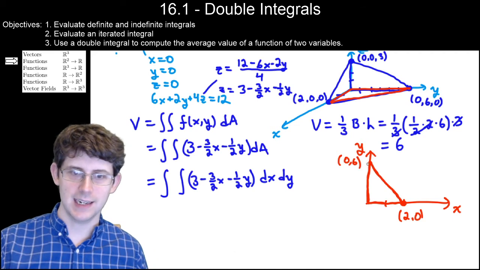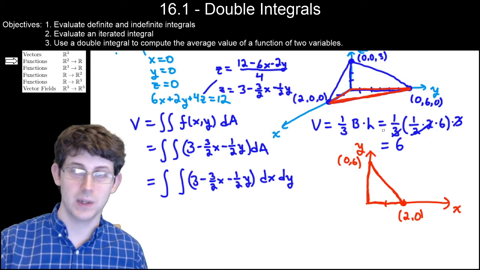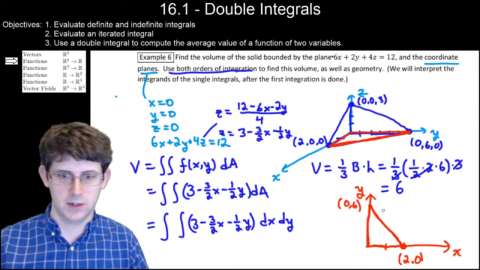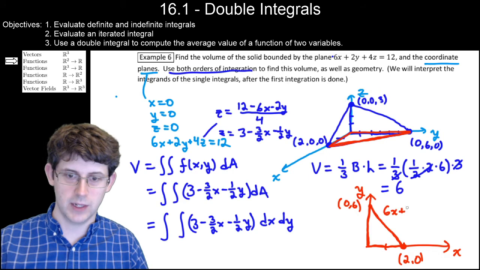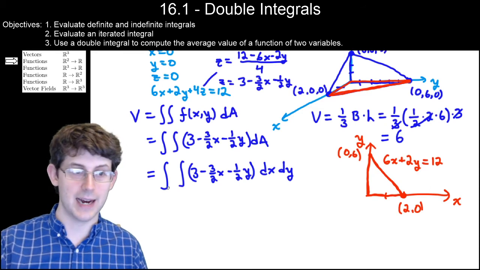Well, this line is what happens on the plane. See, we're on the edge of the plane here, when z equals 0. So that's 6x plus 2y equals 12. This picture is how we'll get the bounds for our integral.